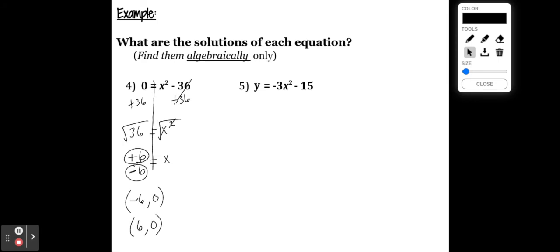Okay, let's try number 5. Here's your quadratic equation. If we're going to solve it algebraically for the solutions, we need y to be a 0. So I'm going to change it to a 0. Adding 15. Dividing by negative 3.